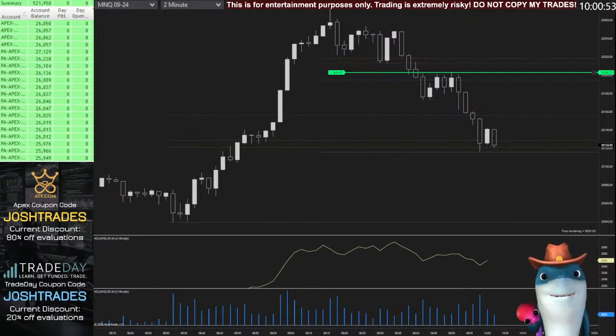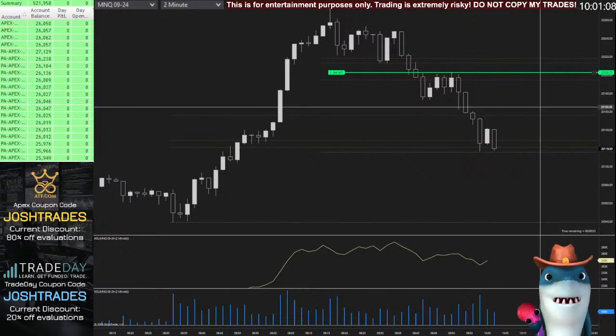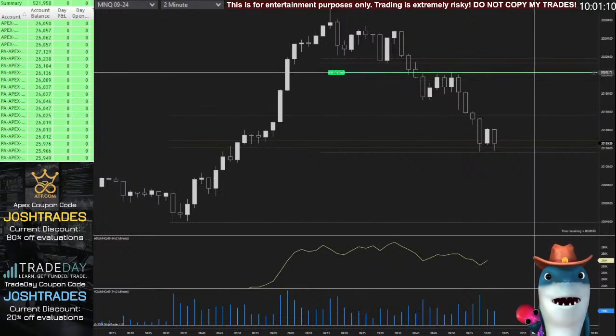And there's just been too many times where I've gotten burned where it hit my 1-to-1 but didn't hit my 2-to-1 before reversing, and it just really wrecked my drawdown threshold. And so now I just go for either 1-to-1 or liquidity. If my liquidity target is close to 1-to-1, I'll just set it at the liquidity target.